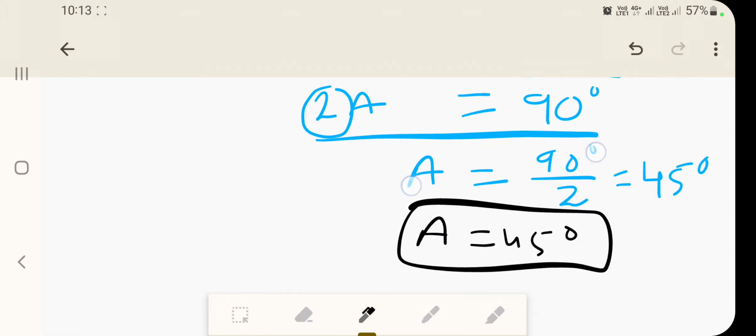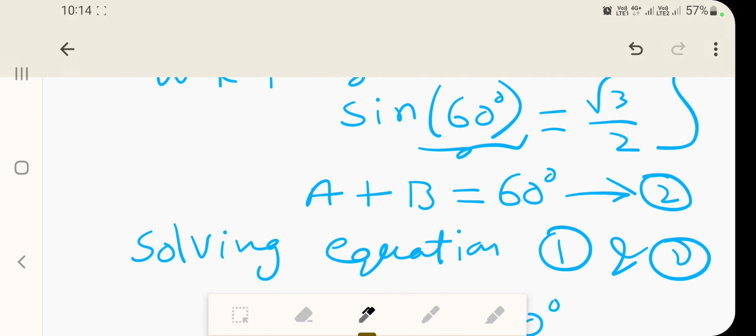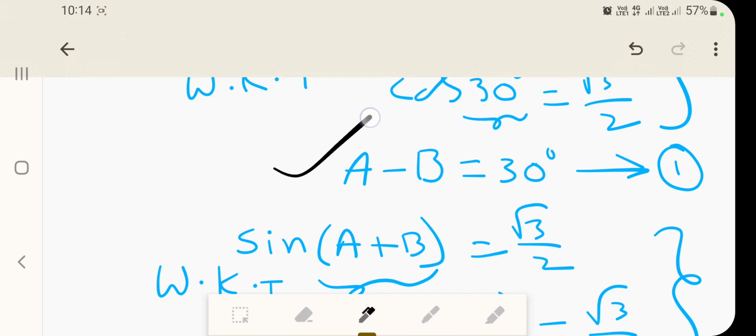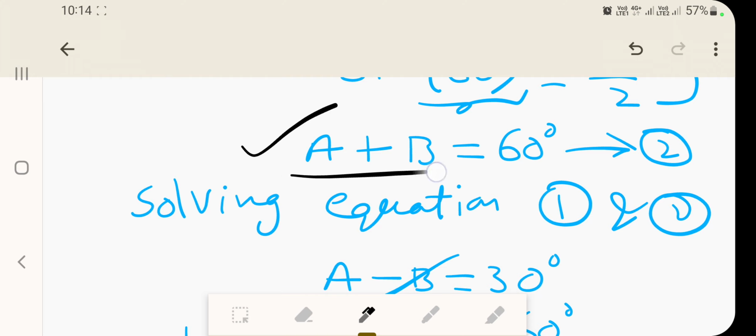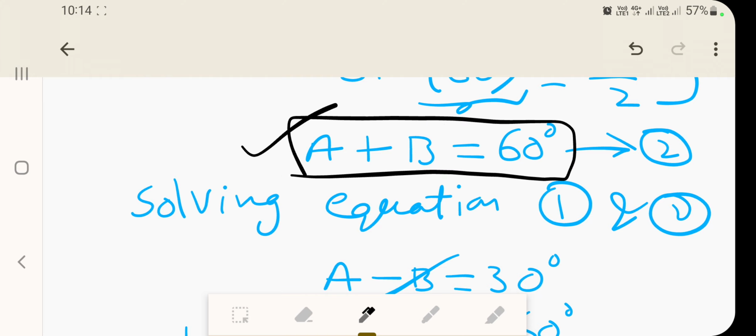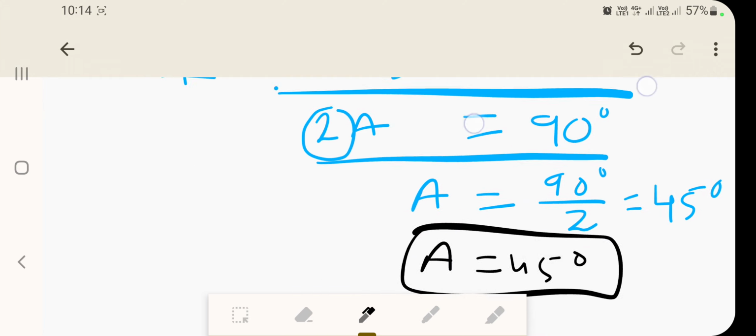Now this angle A value of 45 degrees we can substitute in equation number 1 or equation number 2, any one equation. Here we substitute in equation number 2 where we have plus.